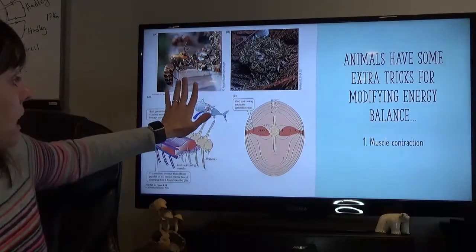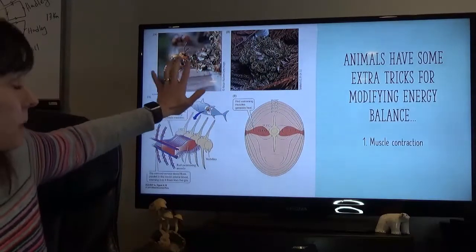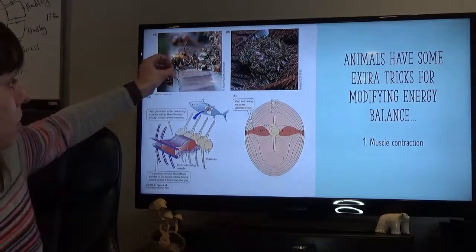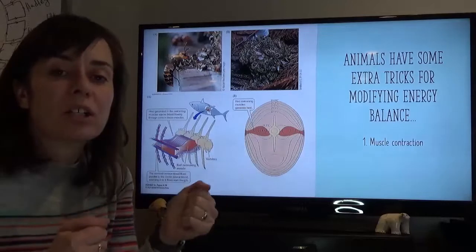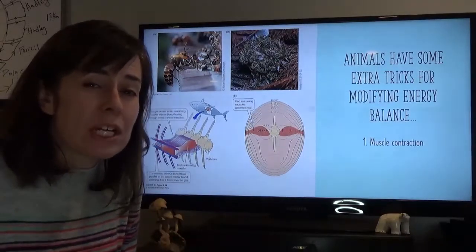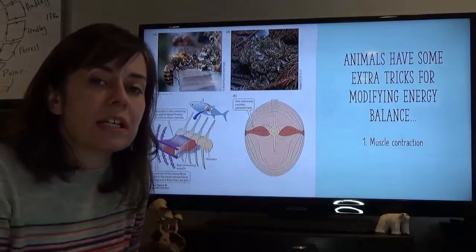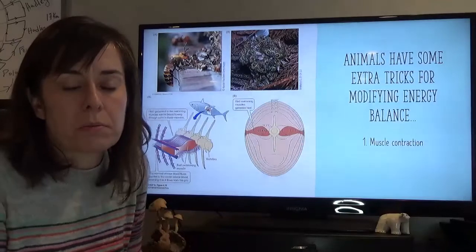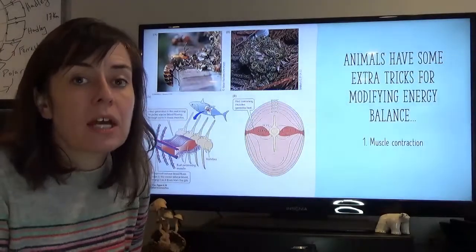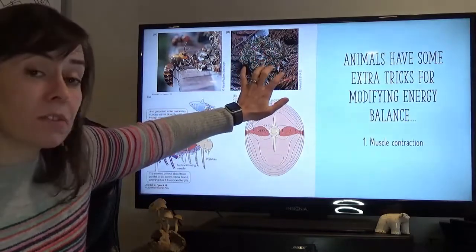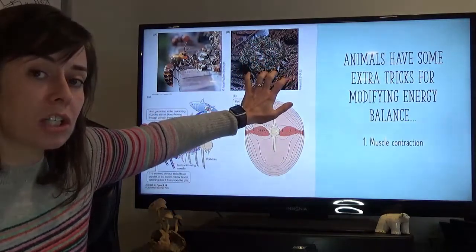When attacked by this giant wasp here, the honeybees will actually form a ball around the wasp and contract their muscles, and their contractions generate so much heat that it can actually kill the wasp. It increases the body temperature of the wasp to a temperature that's unsustainable, and it kills the wasp. And so this just demonstrates the effectiveness of muscle contraction in heat generation.